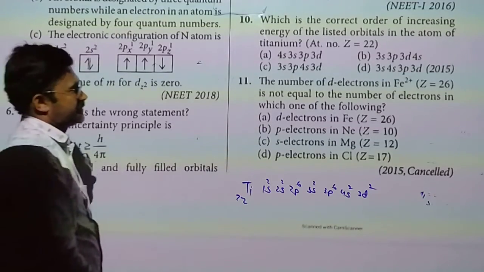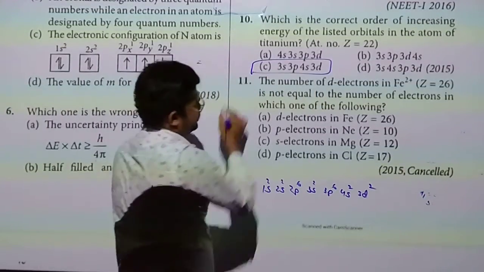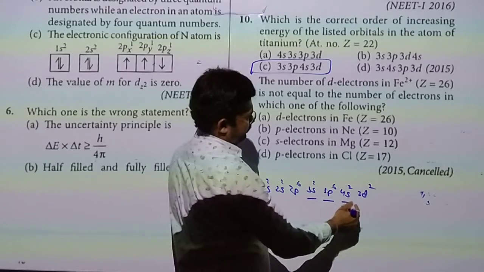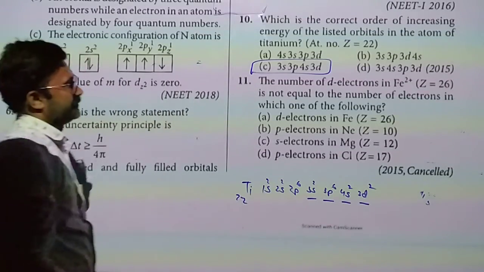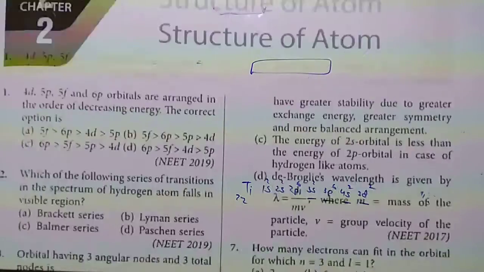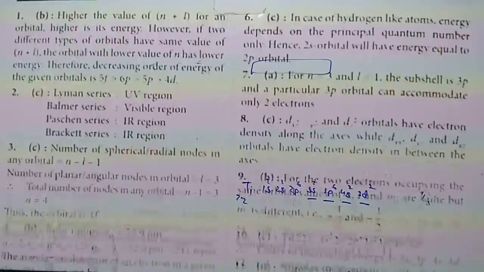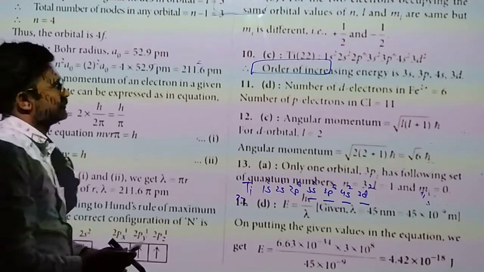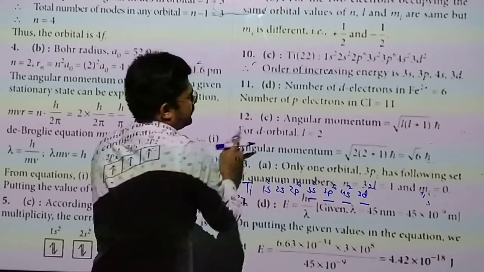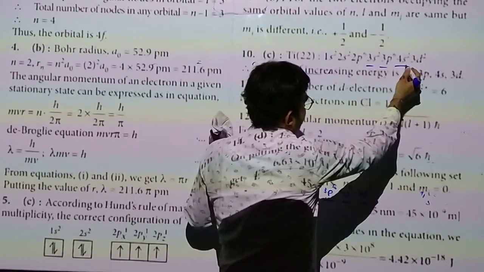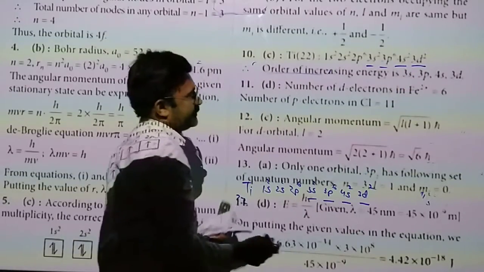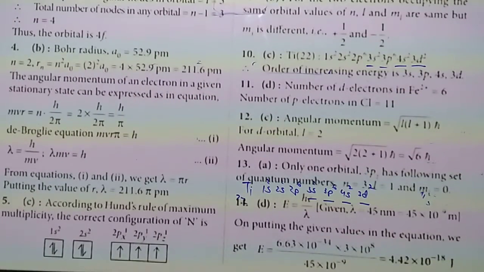So answer is C: 3s, 3p, 4s and 3d. Titanium, 3s, 3p, filling sequence 4s and 3d. Yes.